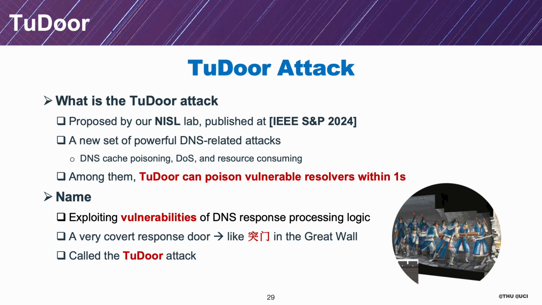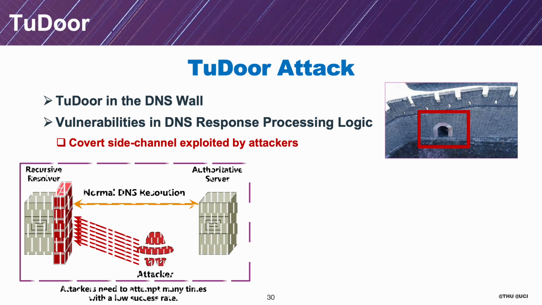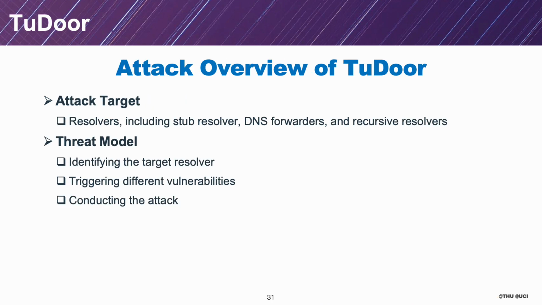So we call it the TuDoor attack. By exploiting the covert side channel vulnerability in DNS response processing logic, the attacker just needs to attack once with a success rate of 100%. However, the traditional attacker needs to attempt many times with a low success rate.